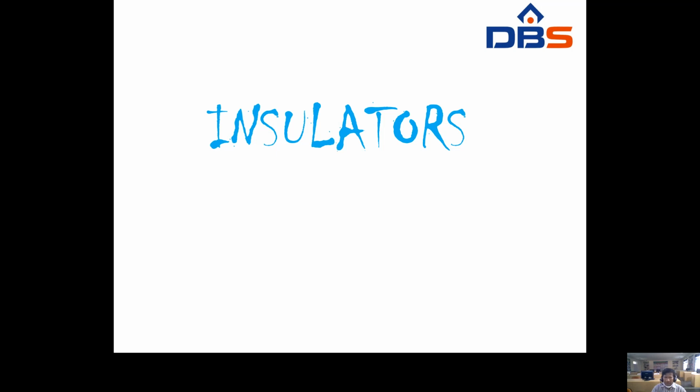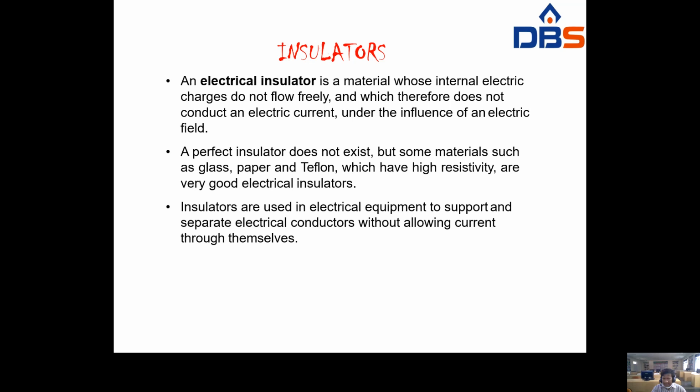Generally, an electric insulator provides insulation between the conductor and earth. An insulator is a material whose internal electrical charges do not flow freely, so it does not conduct an electric current. A perfect insulator does not exist.